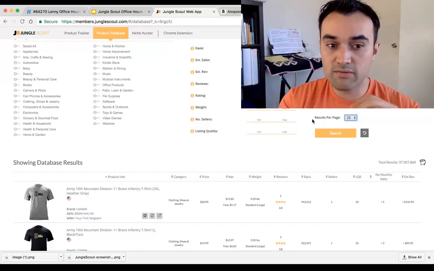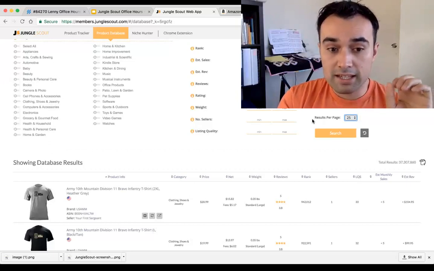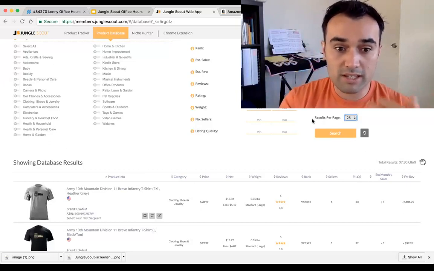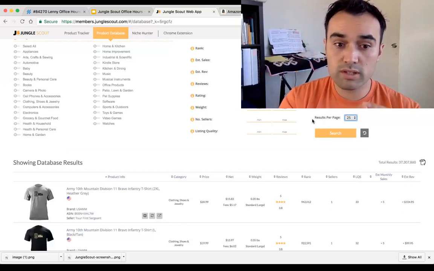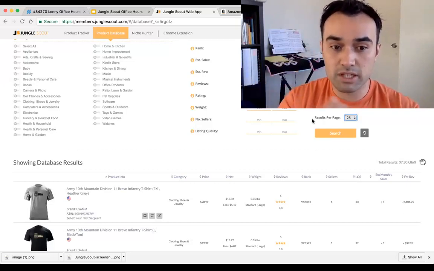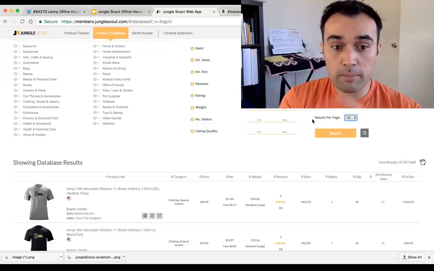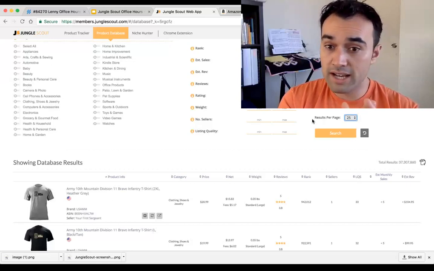It does vary for each category, but we have a data scientist full-time that's correlating using real sales data. Between ourselves, we've got access to a lot of products, and using those products and those real sales, we're able to come up with the estimates for the different categories. So yes, there is some margin for error, but we do believe it's the best that you will find.